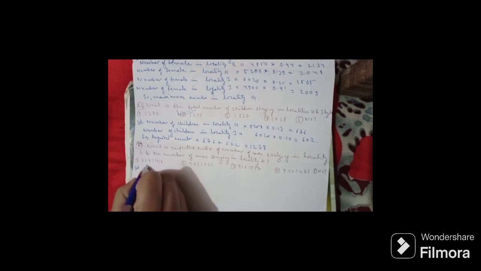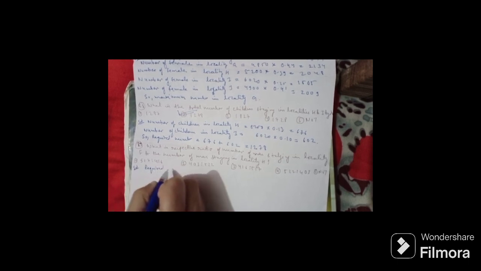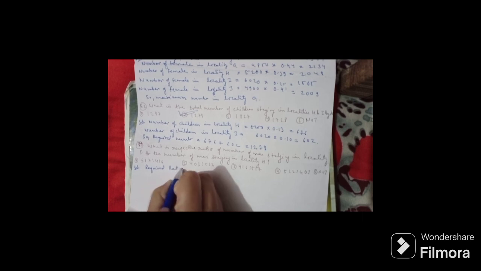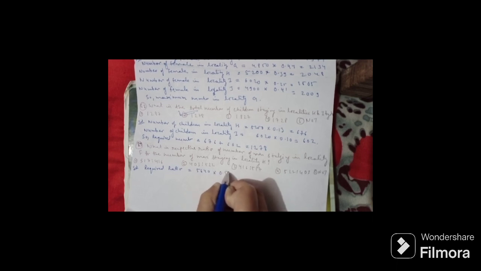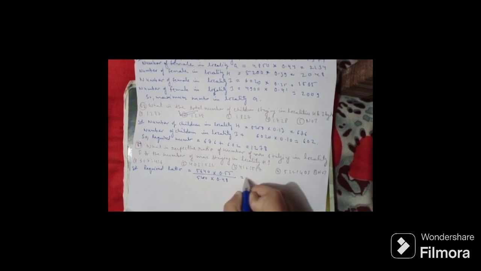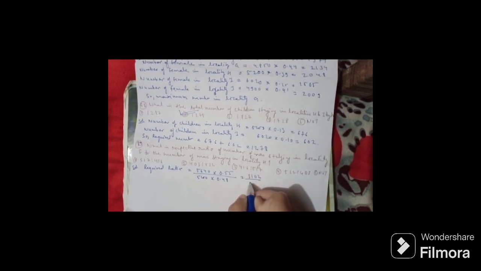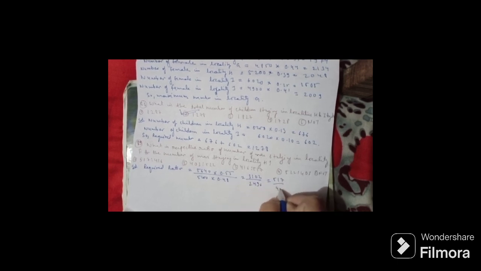Required ratio equals 5640 into 0.55 upon 5200 into 0.48, 3102 upon 2496, 517 upon 416 equals 517 ratio 416.